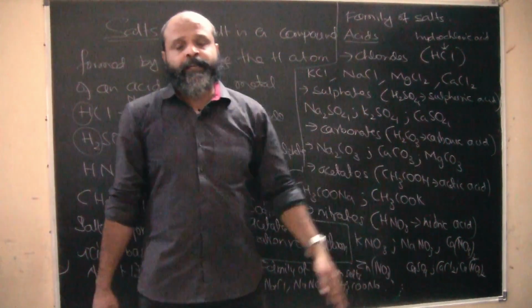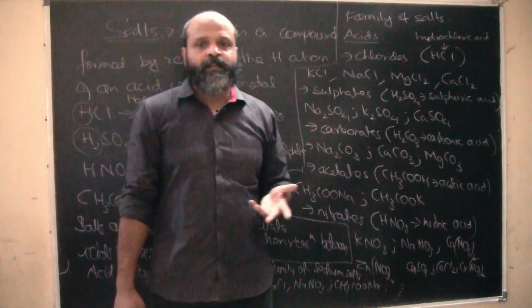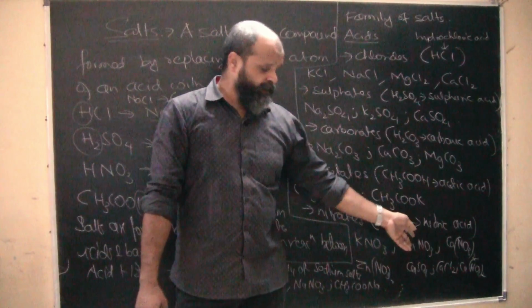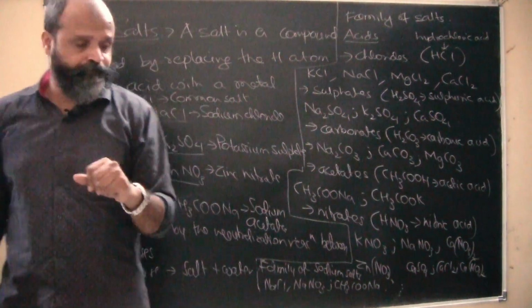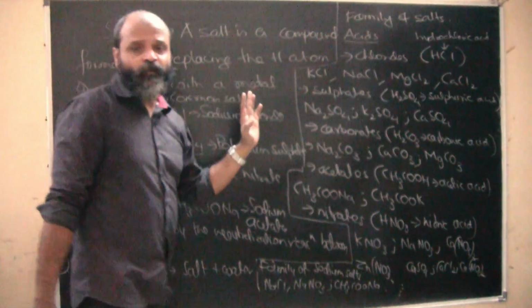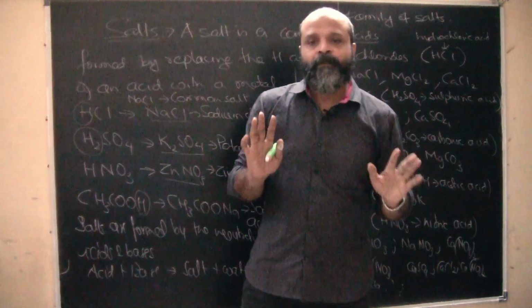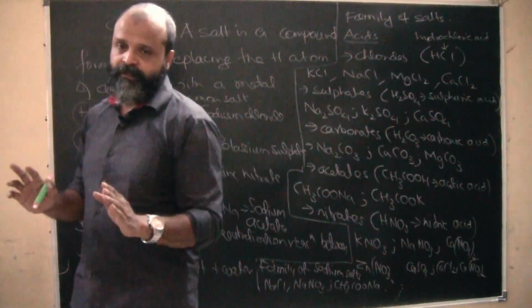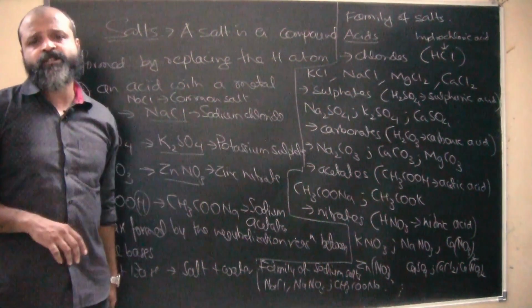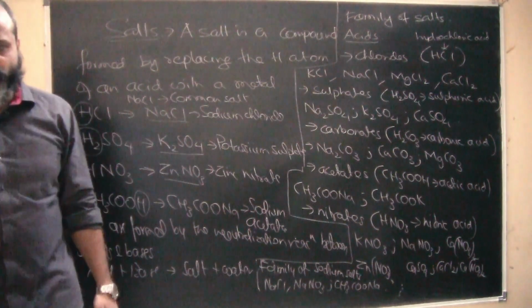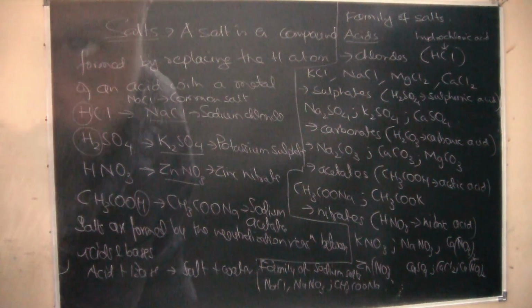Similarly, there will be salts of sodium, salts of calcium, salts of potassium, and so on. So salts are primarily formed due to the neutralization reaction. This is a general idea about salts, and we will talk more about salts in the next slide. You can take a snapshot of the same.